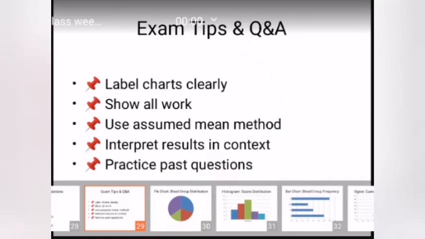Then make sure you're showing all your workings. Make sure you're stating your formula. When you are solving for your mean, median, mode for grouped data, make sure you show all your workings. For instance, you're using L plus N over 2 minus CF over F times C. You write it out.